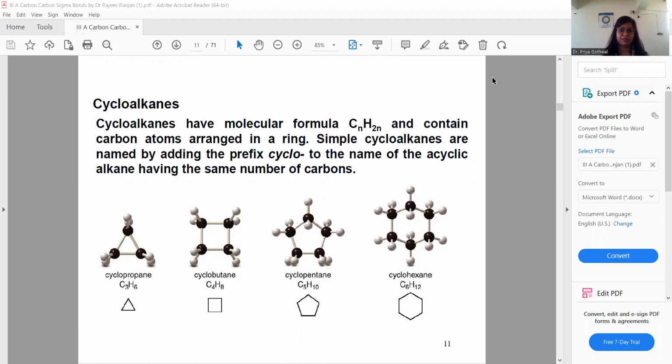Before, I discussed alkanes, and today I am going to discuss cycloalkanes, which is the next category after the alkanes. Before, we categorized hydrocarbons into aliphatic or alicyclic.